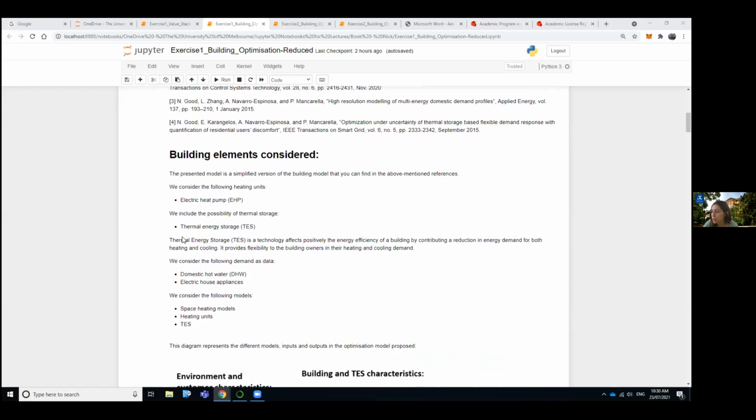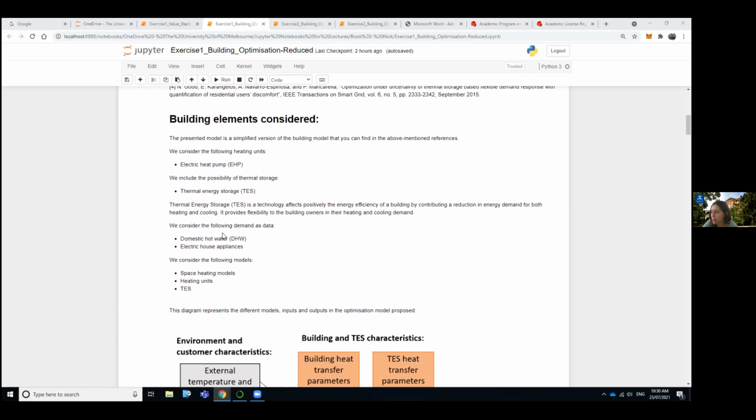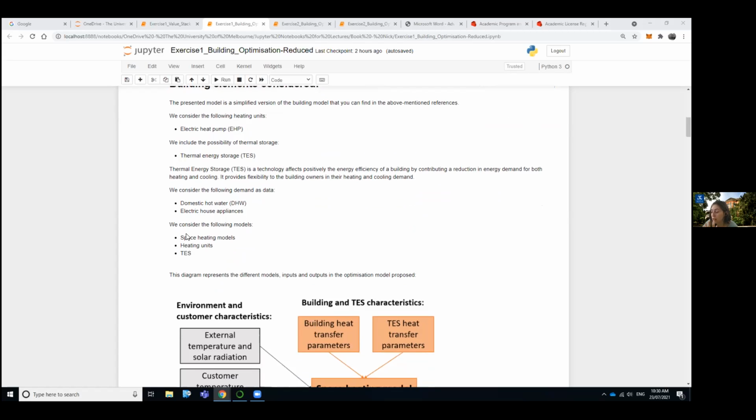And as Pierluigi said, to account for flexibility, we're also considering thermal energy storage, which provides flexibility and makes a more efficient building operation. We're considering that domestic hot water and other electric house appliances are given, and in our optimization model, we're considering space heating models, heating unit models, and the thermal energy storage.